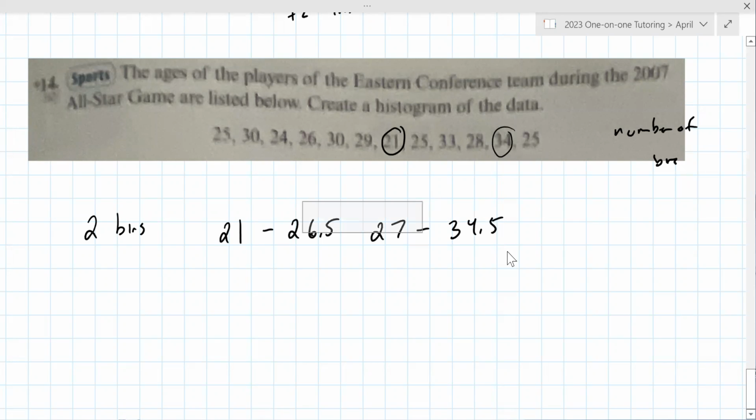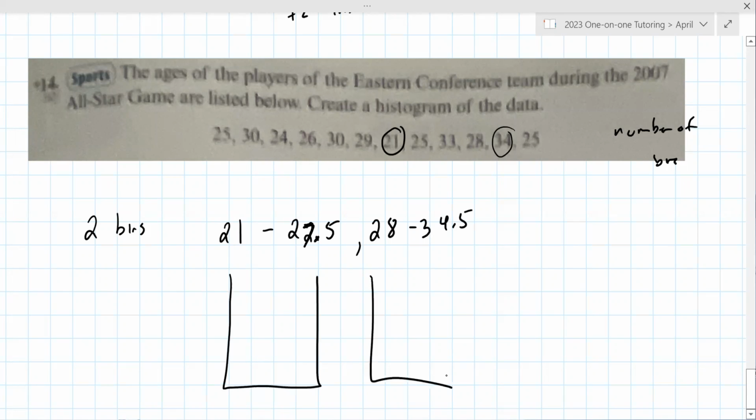That didn't quite do this right. Let me adjust this. 27 to 27.5, and then 28 to 34.5. Okay, so these are your bins here. So the 25 would go in the first one, the 30 would go in the second one, the 24 in the first one, the 26 first one, 30, 29, 21, 25, and so on, right?